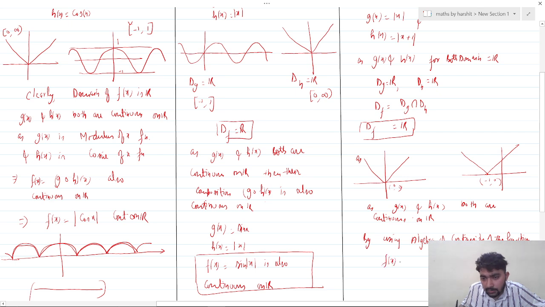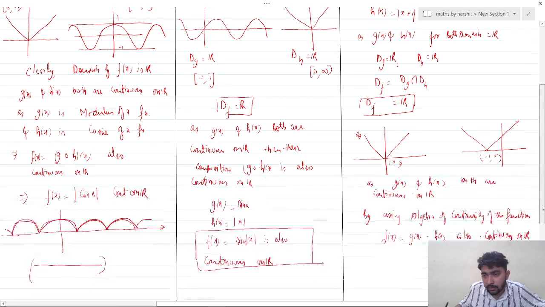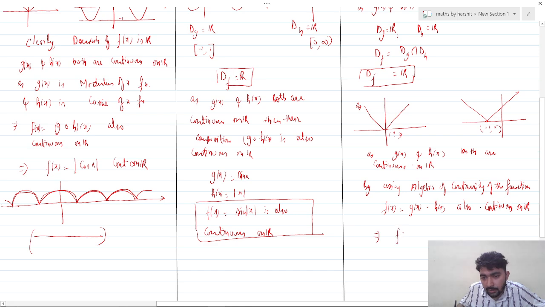f of x equals g of x minus h of x also continuous on R. So it implies that clearly f of x equals mod of x minus mod of x plus 1 is continuous on R. And if this complete function is continuous on R, then how many points of discontinuity does it have?